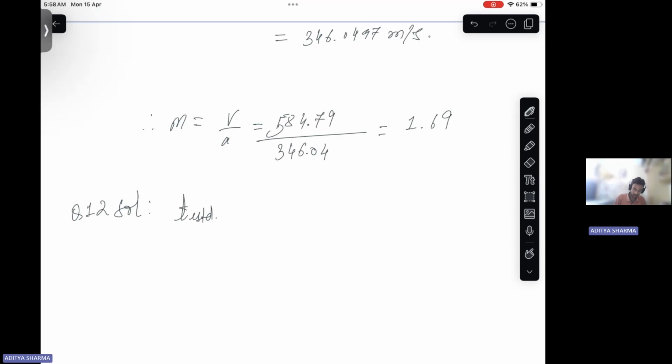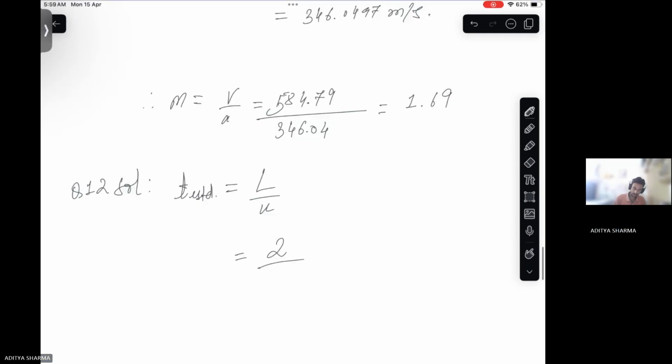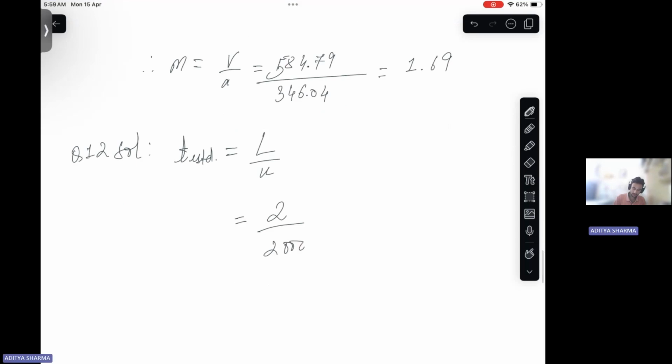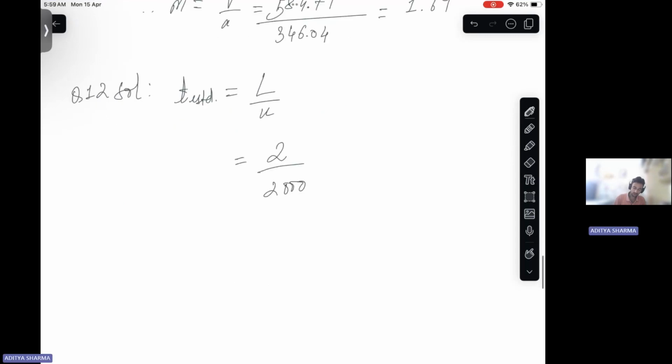The establishment time is length by velocity. Length is 2 meter, and velocity is 2000 meter per second, so it comes out to be 0.001 second, which is 1 millisecond.